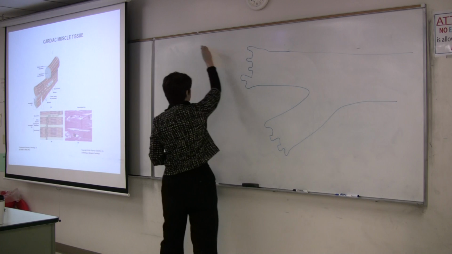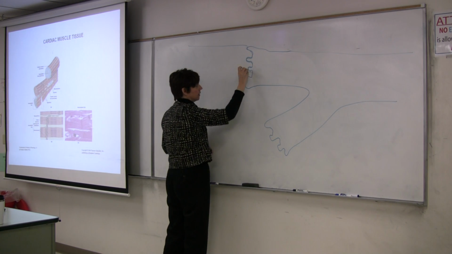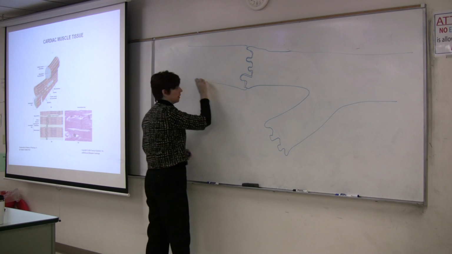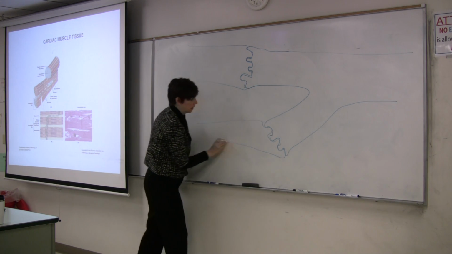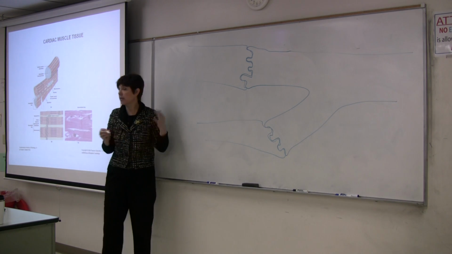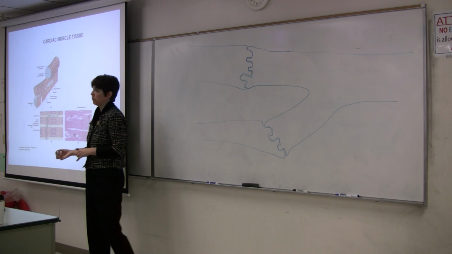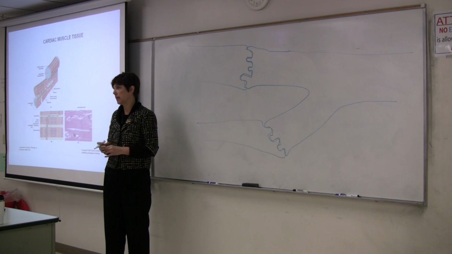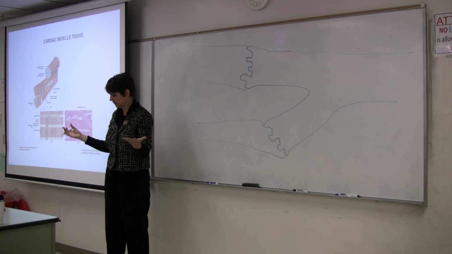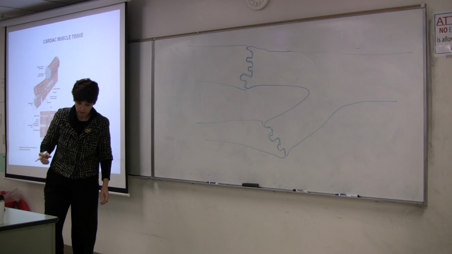And so then another cell would be coming here and joining with that. All right, we don't see branch cells in any of our other tissue types. Smooth muscle cell doesn't branch. Skeletal muscle isn't branched, it's one long cylindrical structure.